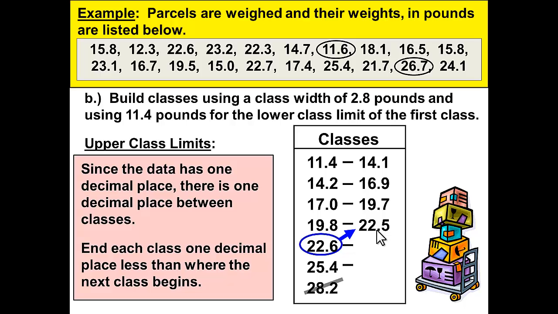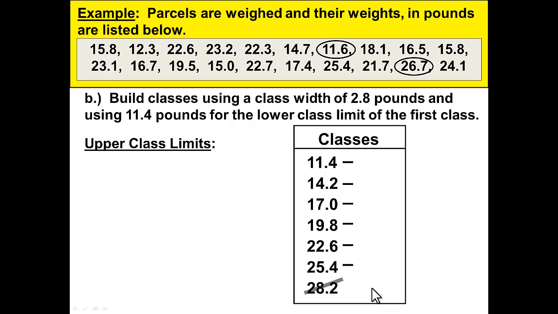Again, subtracting that one decimal place. Looking at 25.4, the previous class will end at 25.3. And this is where we'll reference that 28.2 that we're not using because it'll help us find that the previous class ended at 28.1. And even though we didn't use it, we did use it as that reference for that last upper class limit. Now we have all the classes.